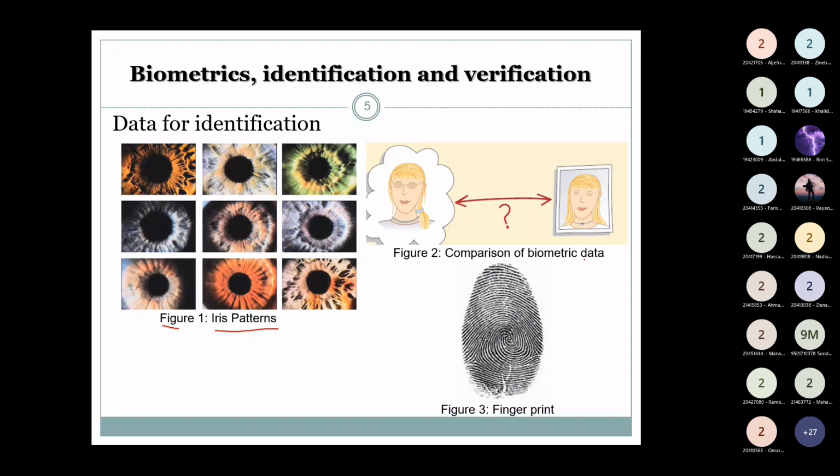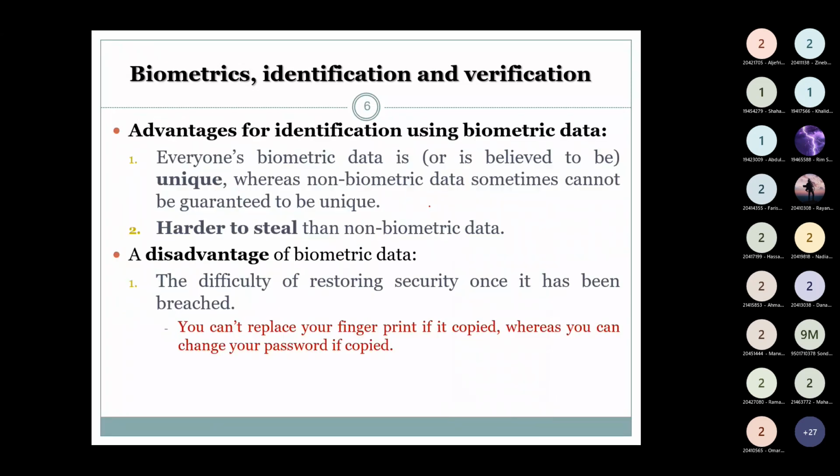This person needs to be identified. There are some samples in this bank of fingerprints, or whatever the name of this bank, held by the police. They will take some biometric data from her, and this biometric data will be checked with the bank. So what are the advantages of this type of identification or verification?